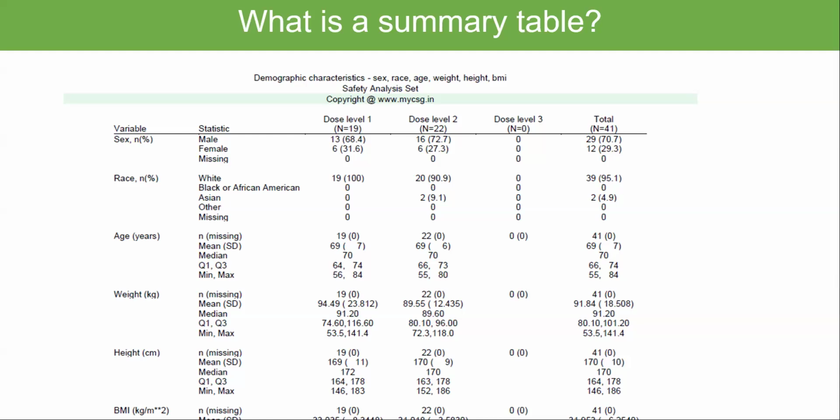We are trying to summarize the data in terms of how many subjects are part of that treatment and how many of those participants within that particular treatment group are male or female. And we are seeing a summary of how many subjects are part of each of the racial groups. And we are seeing the mean age, average age, and minimum and maximum age of the subjects in that specific treatment group.